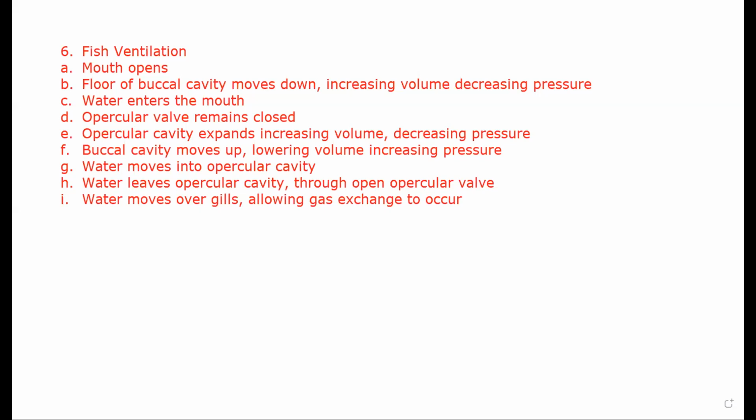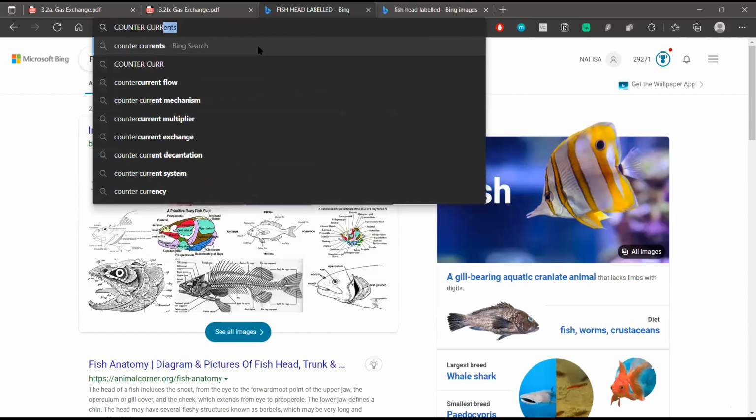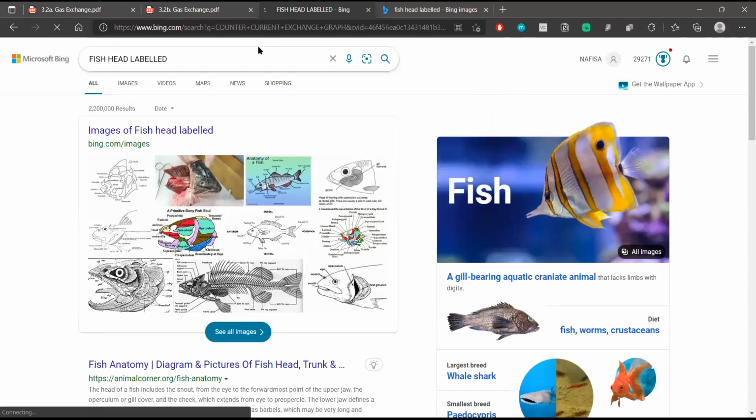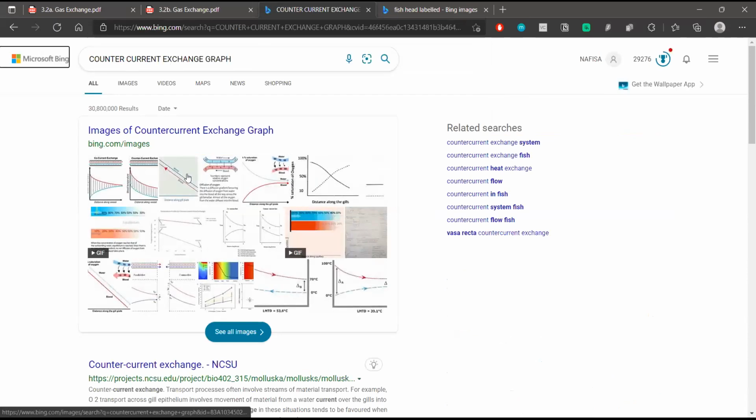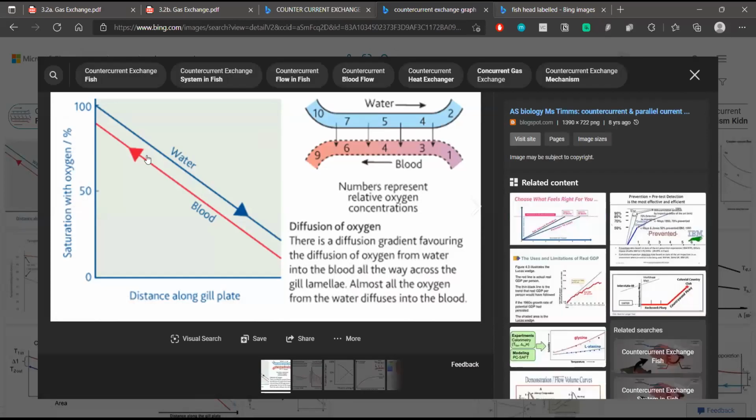Oh, a graph. Yeah. Okay. Give me a sec. We'll just get on to the exchange then. So countercurrent exchange works like this: blood flows in one direction, water flows in the opposite direction, and there's a maintained concentration gradient the whole way through.